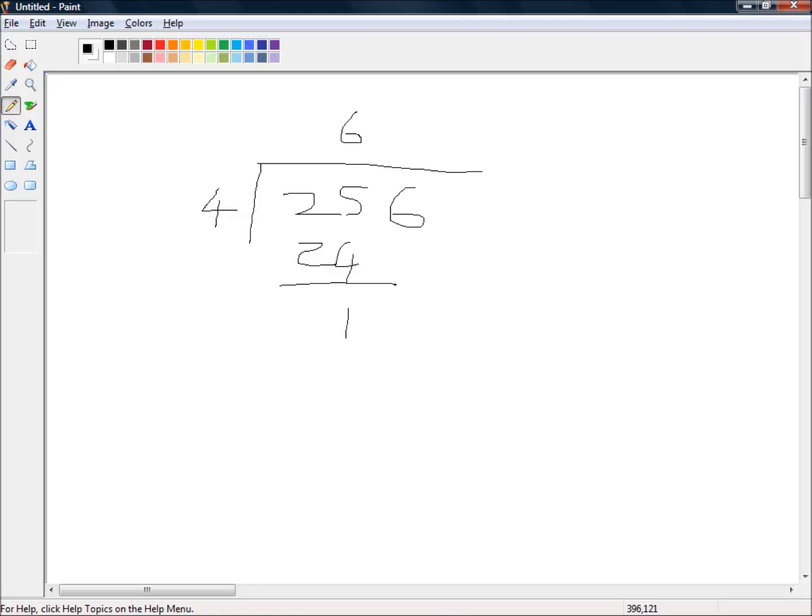So now what we need to do is bring down the 6. Now we're asking how many times will 4 go into 16, and the answer is 4 times. 4 times 4 is 16. And when we take that away, that leaves nothing at all, so that's the end. So 4 goes into 256 64 times.